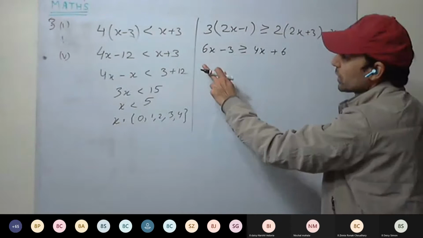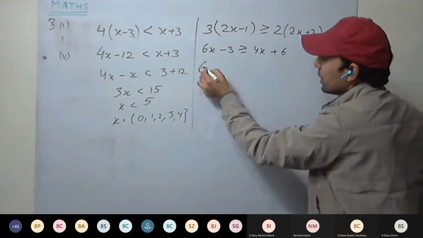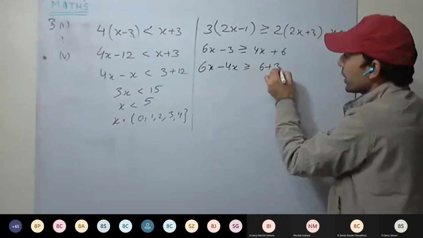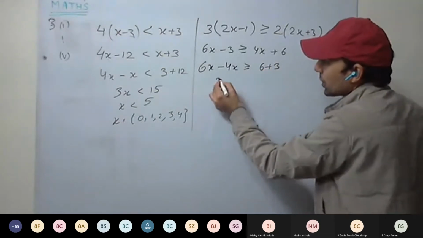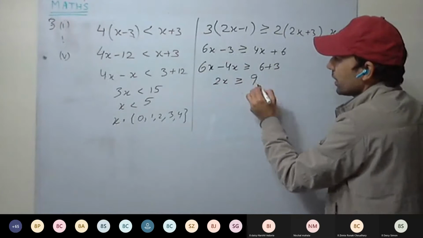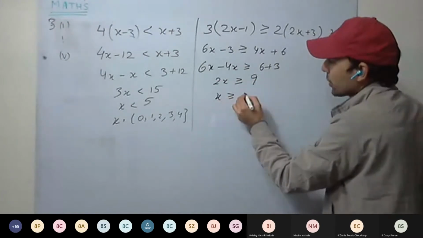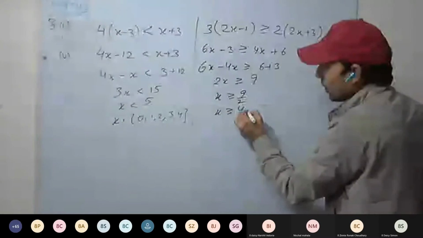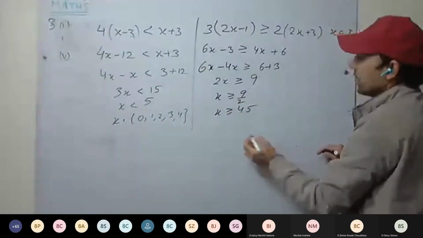Now x on one side, constants on other side. 6x minus 4x greater than equal to 6 plus 3. 2x greater than equal to 9. X greater than equal to 9 upon 2. X greater than equal to 4.5.